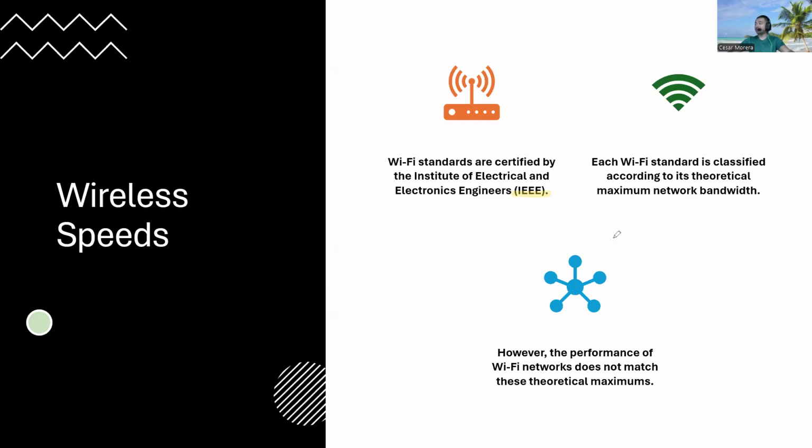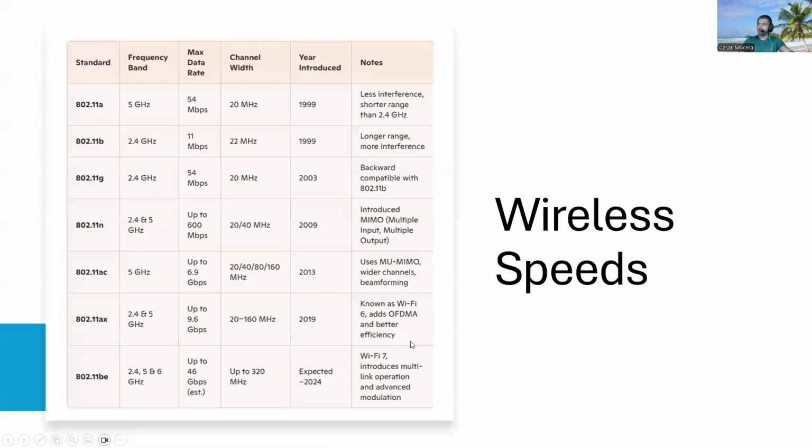Each Wi-Fi standard is classified according to its theoretical maximum network bandwidth. However, the performance of each Wi-Fi network does not match these theoretical maximums. Let's clear them and continue moving forward.